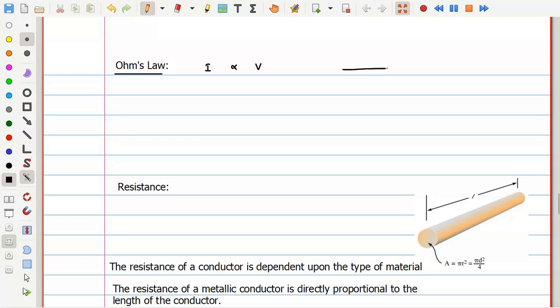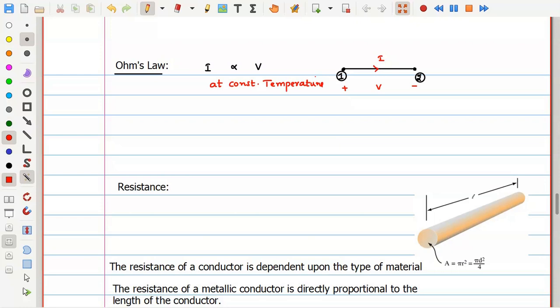For example, if I have a conductor like this, with terminals 1 and 2, and the current through it is I amperes, then the current flowing depends on the voltage impressed across these terminals. Remember that this proportionality holds only at constant temperature. If the temperature is not maintained constant, this proportionality relationship does not hold.